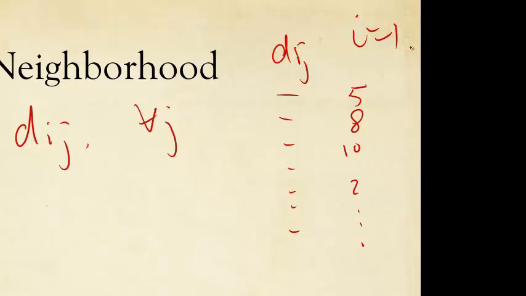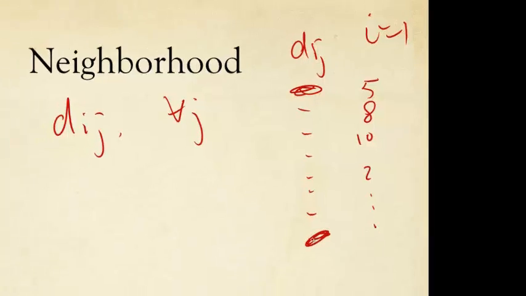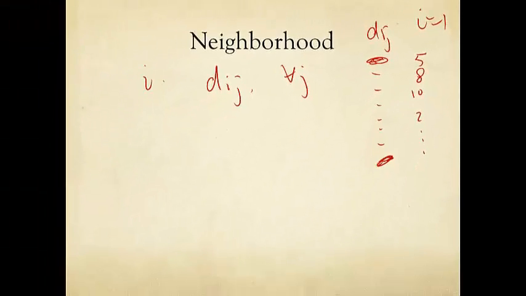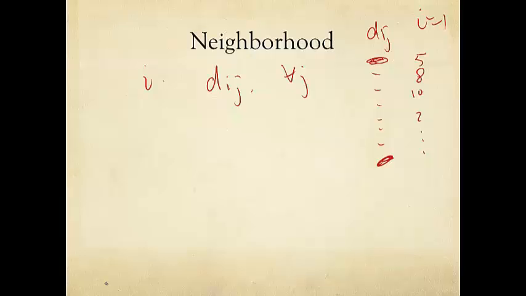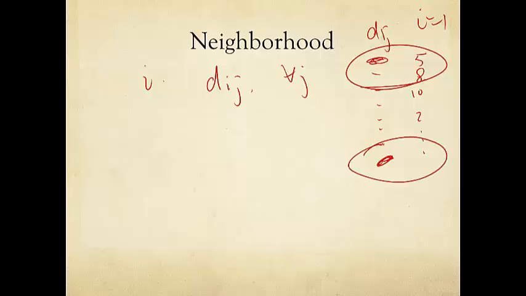If you look at this, some of these are real big numbers, some of these are real small numbers, real negative numbers. Again, remember, this actually can be either a positive or a negative value. So we will say those that are very positive and those that are very negative are both useful, because they are very similar or very dissimilar movies.